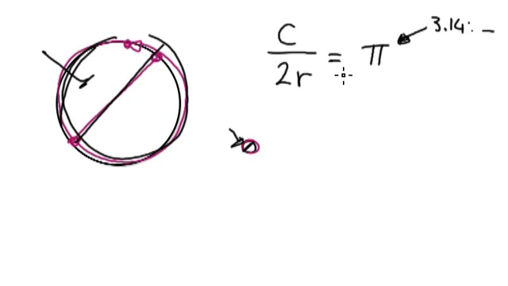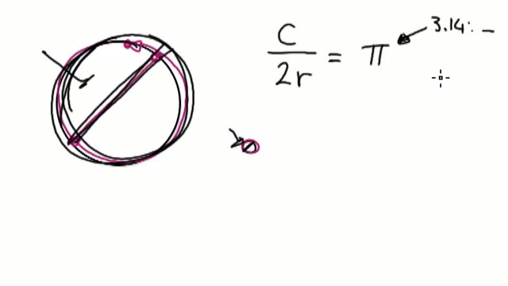It's just a number, and it just so happens that for any circle, if you get the circumference divided by 2r, it will give you pi.